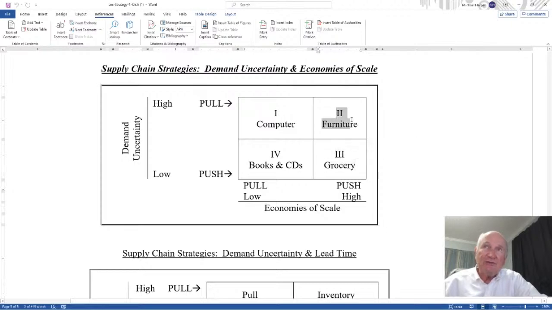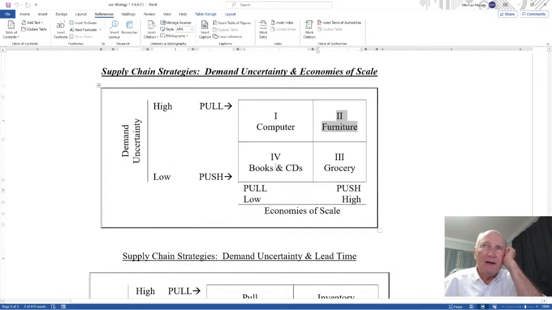On the other hand, furniture is usually pull upstream and push downstream, because for custom automobiles or custom furniture, you want to have a showroom where you can sell. You have inventory downstream, but then if you have specialized type inventory or products, then you have your pull system upstream.